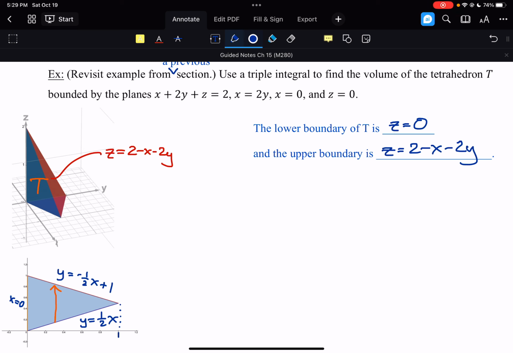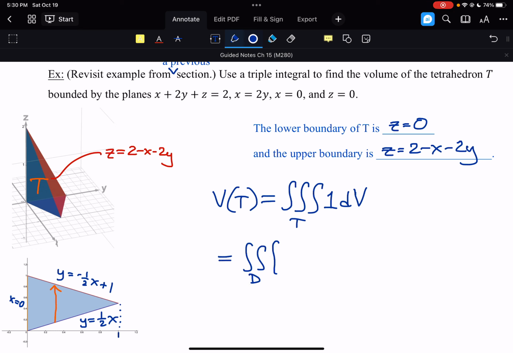So, to find the volume of T, we would set up the triple integral over T of 1 dV. So we could set up the 3D integral first. So this one, we're going to go from 0 up to that plane. So 0 to 2 minus x minus 2y of 1 dz.